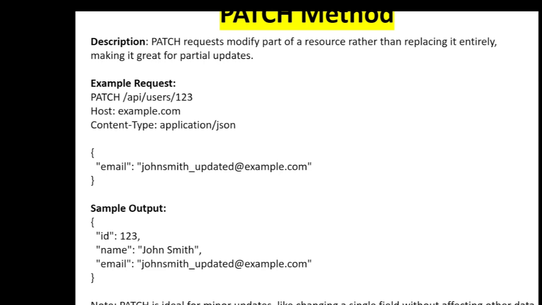It is efficient when we need to change only one or two properties of a resource. For example, if you see in this example where we are sending some user information, it's just email. So what the server will do, it will replace only the email field with the email field we pass in the request. So instead of replacing the entire resource, it will just replace the specific fields.